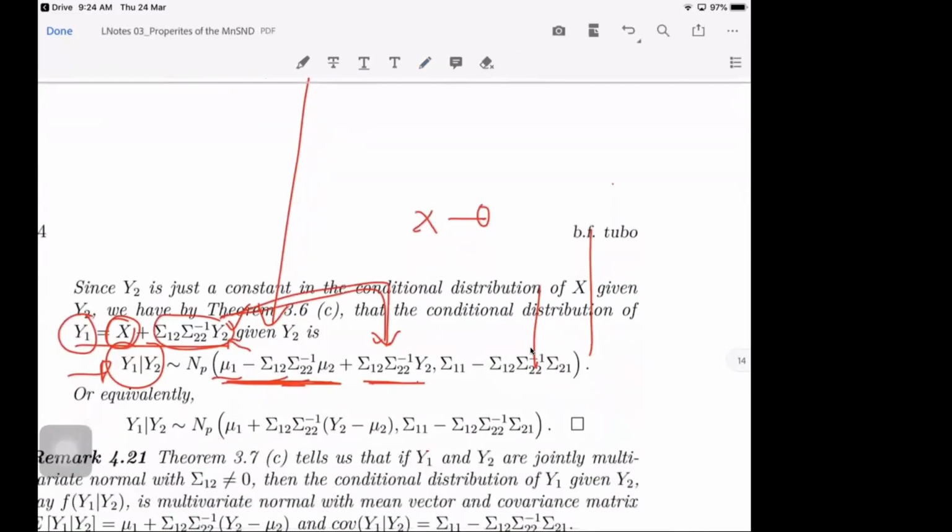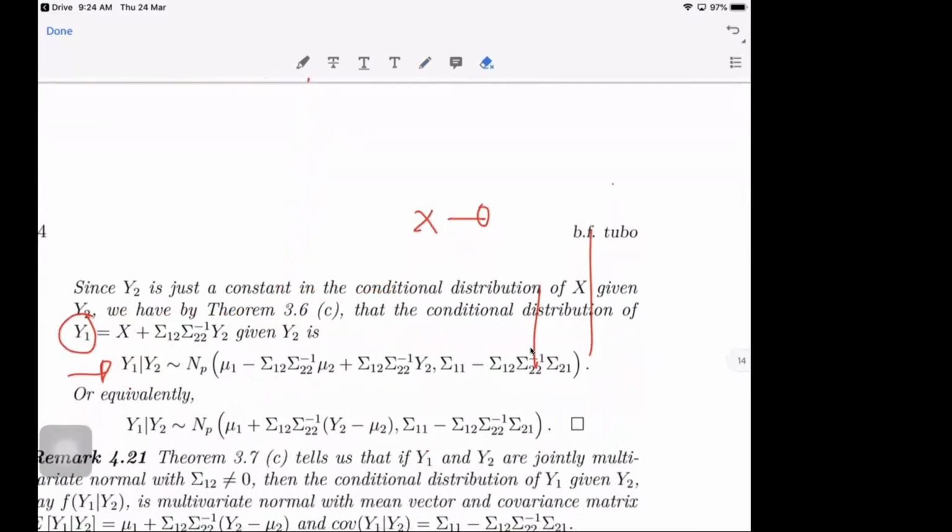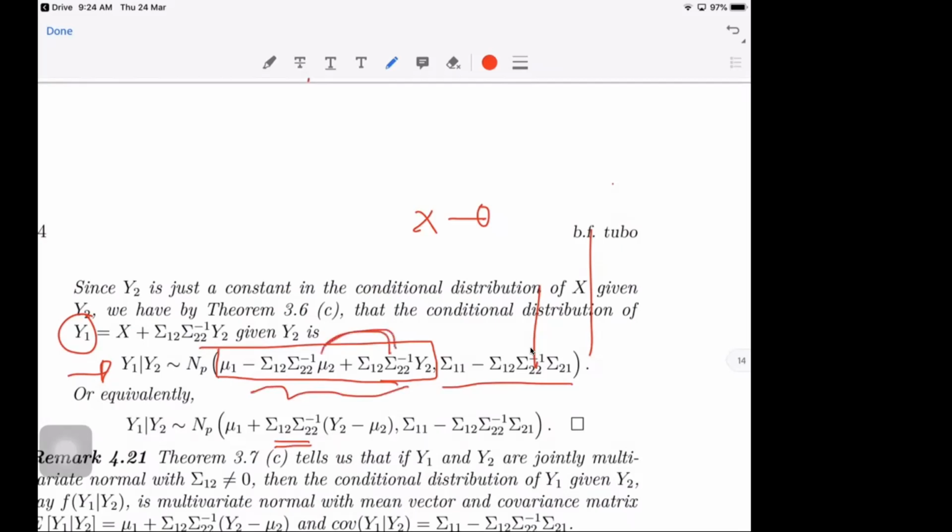So it means that you have this as the mean vector for y1 given y2. You still have the same covariance matrix here, or equivalently, after rearranging this or factor out sigma 1 2 sigma 2 2 inverse from this term, you will have this one, which is what we want to get.